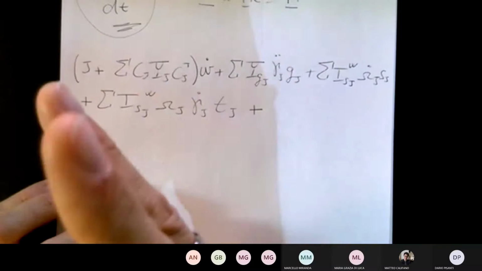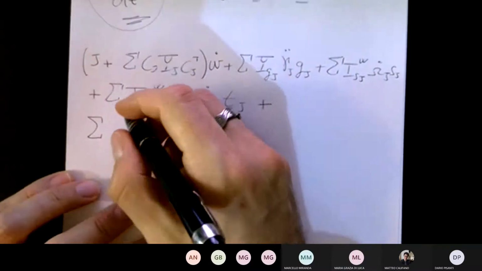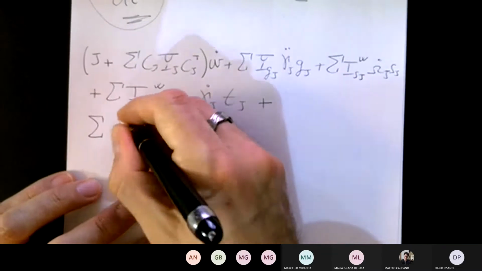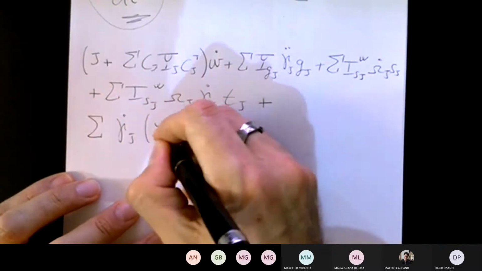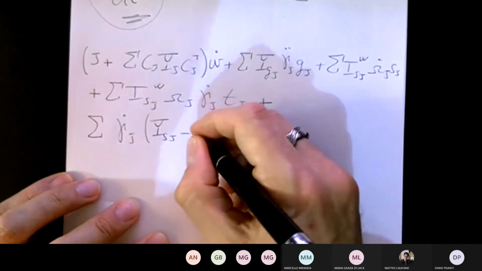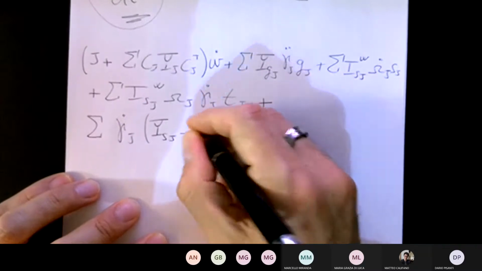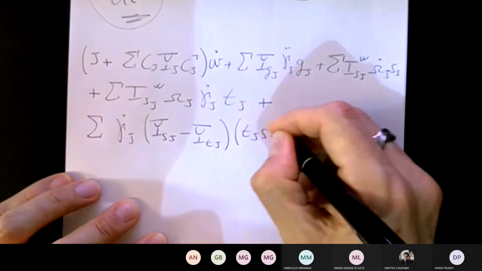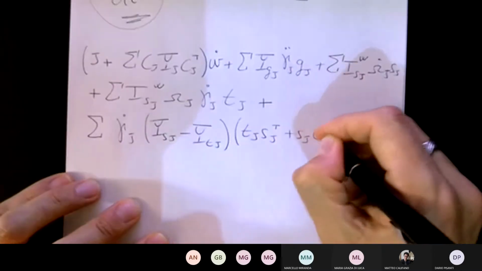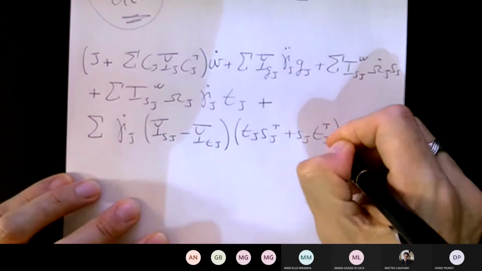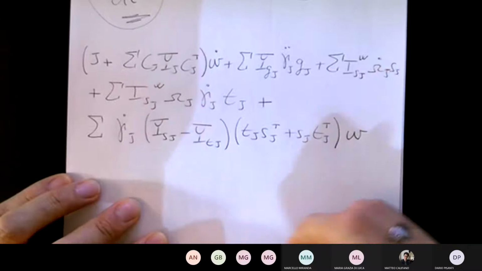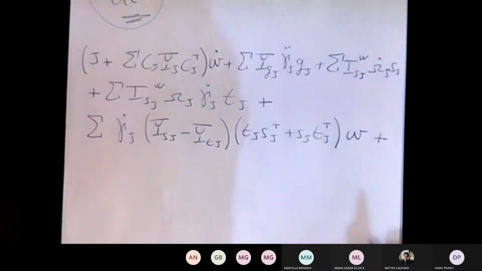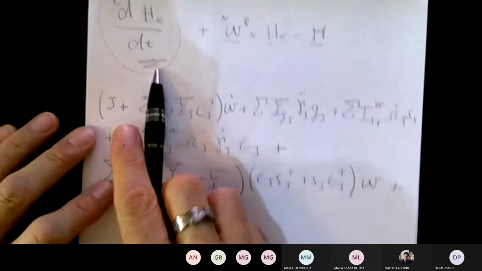I've used those two observations. Now I'm using the last one, the one that took a little bit to calculate, which is telling me gamma j dot Y sj minus Y tj, and this will multiply this matrix and omega. Well, this takes care of everything in the first term.